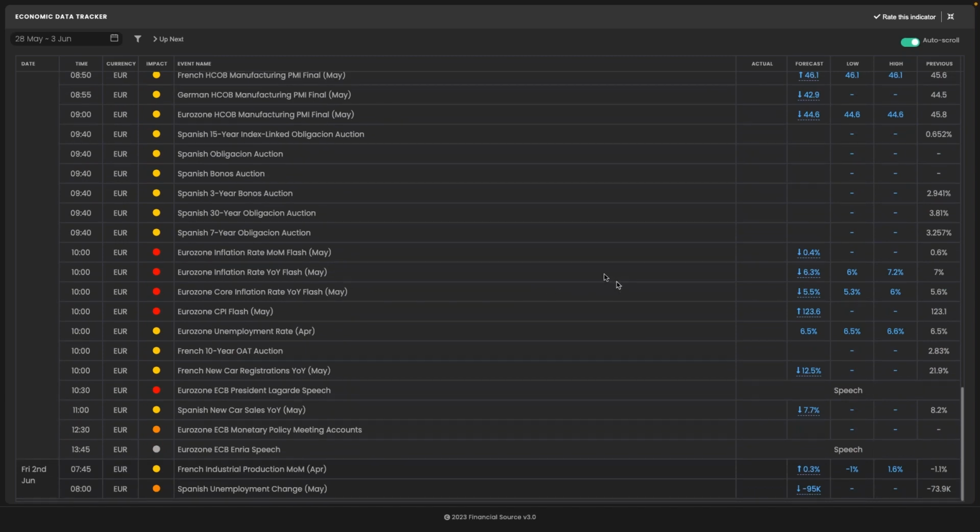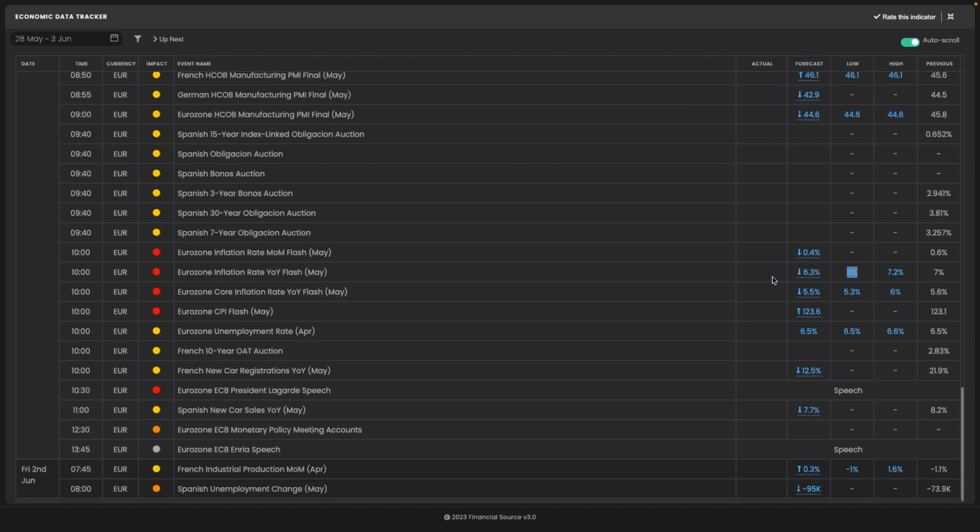Markets are already going to be expecting Eurozone headline to fall. In order to see further euro weakness, we'd need to see the headline coming in below the minimum expectations. You can see the year-on-year data, minimum expectations is 6%.